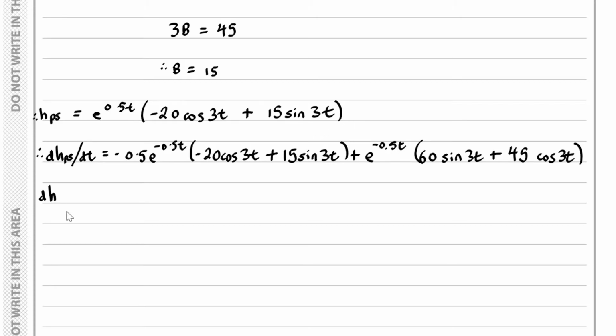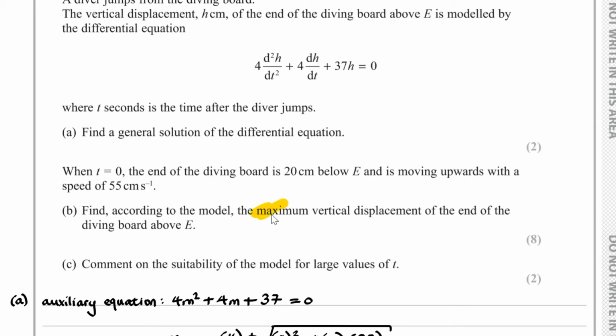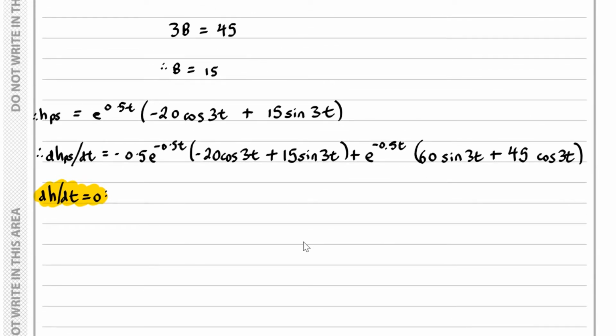And the reason I want to set dh over dt equal to 0 is because we have to find the maximum vertical displacement. Okay, so we have to use our differentiation knowledge.